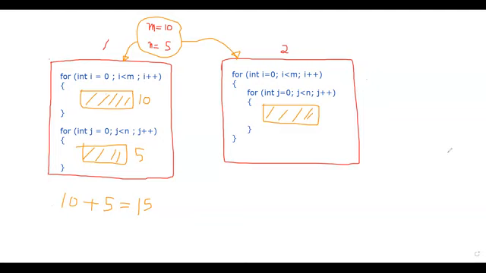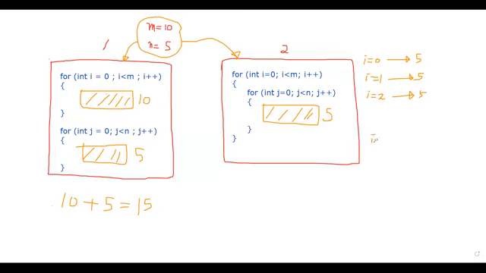It is 50. When I is 0, this part will be executed 5 times. When I is 1, this part will be executed 5 times again. When I is 2, this part will be executed 5 times.